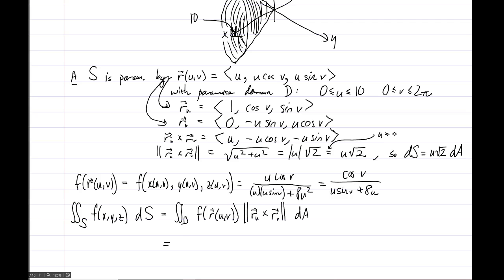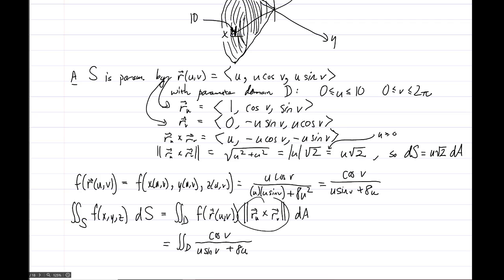Let's not worry about the capital D and the dA yet. Usually it's nice to set up a lot of other things first in terms of cleaning things up. So we'll just have a double integral over D, and then this f of r of u comma v, we had simplified to this fraction, so let's make that replacement: cosine of v over u sine of v plus 8u. Okay, that takes care of that part.